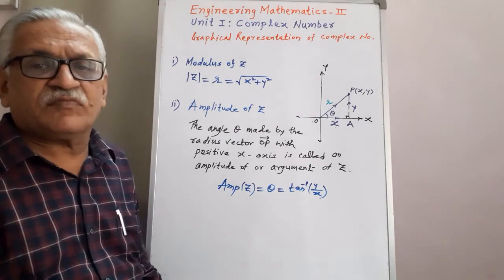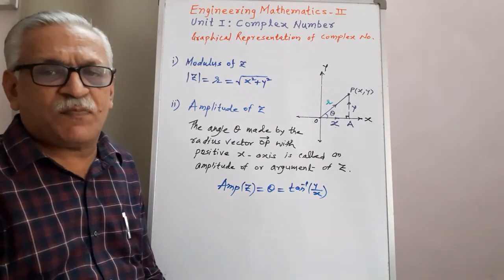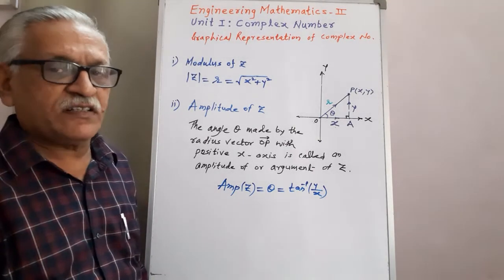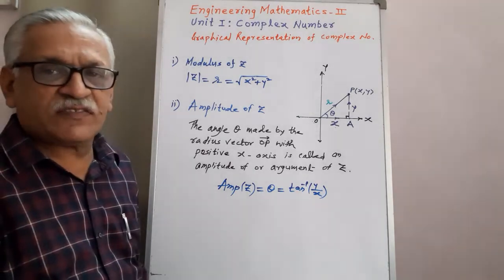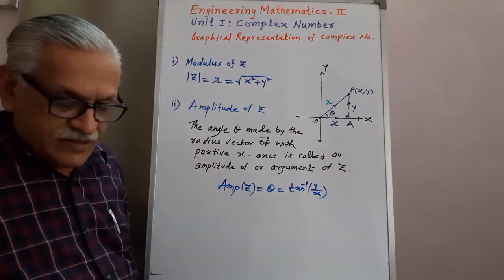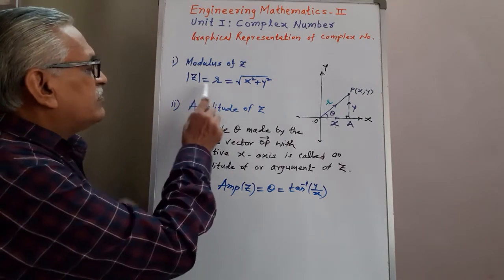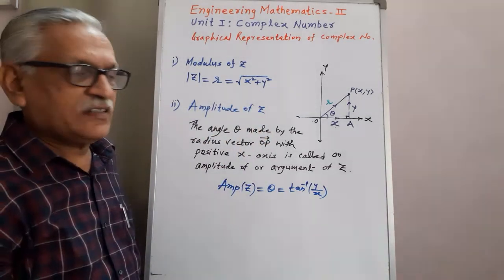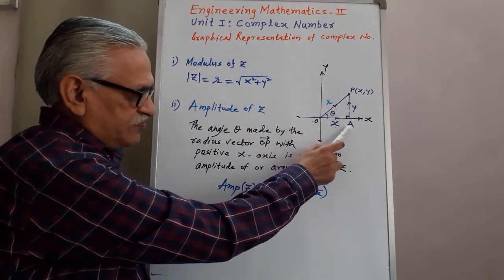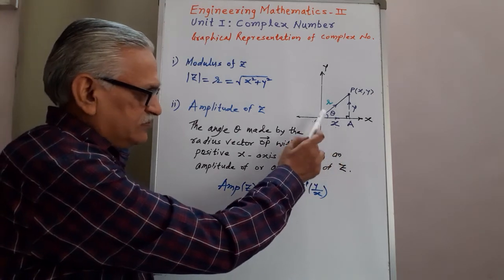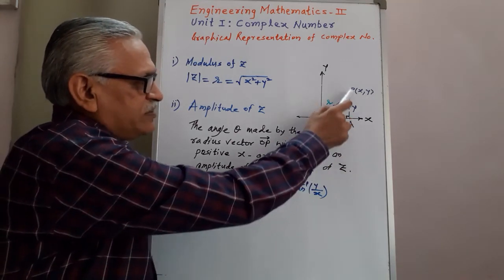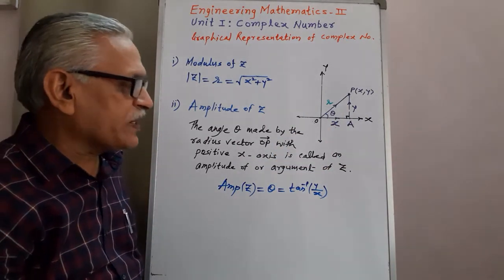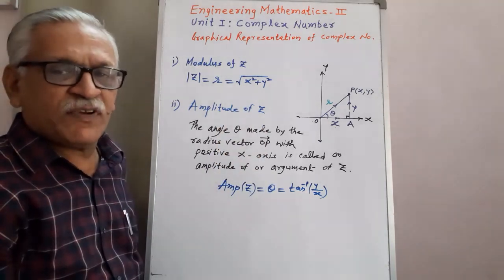Then we try to define two important terms from complex number. The first one is the modulus of z and the second one is the amplitude of z. If z is equal to x plus iy, then mod of z is defined as mod z is root of x square plus y square. If x is the magnitude of vector OA and y is the magnitude of vector AP, then by the addition of those two vectors we get vector OP as root of x square plus y square.